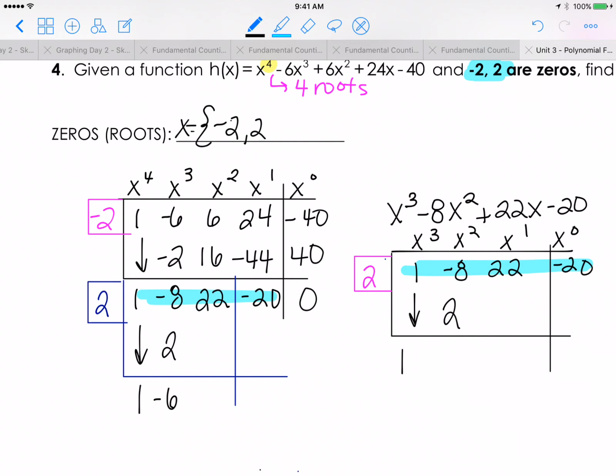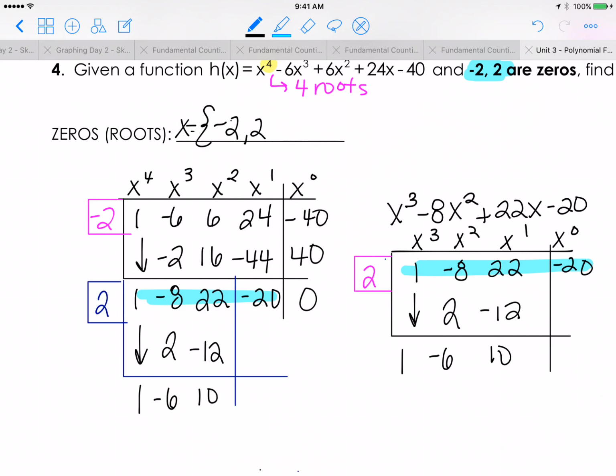Negative 6 times 2 is a negative 12. 22 minus 12 is a 10. And then 2 times 10 is 20. So then you get negative 20 plus a positive 20, you get 0. So yay, if we didn't get that, we've done something wrong.